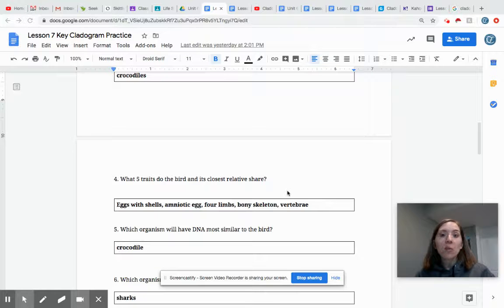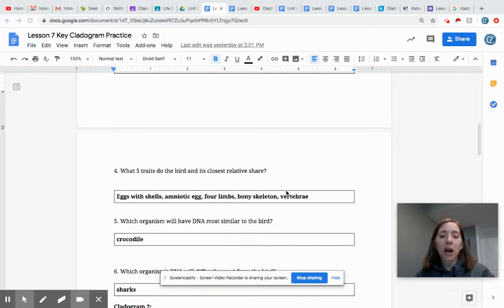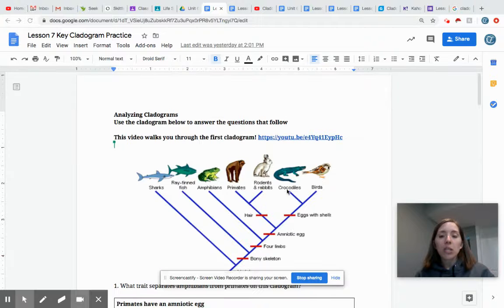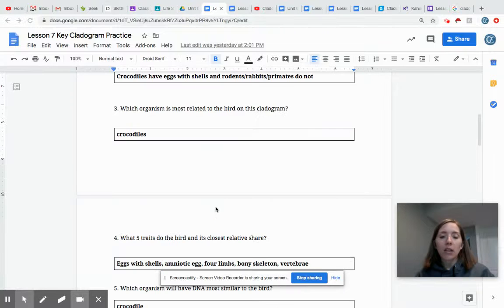Because they're most closely related, if I were to look at the DNA sequences in their cells, they would have a more similar sequence of DNA to each other than to any other 2 organisms on the cladogram. Which organism's DNA will differ the most from the bird? Just like being closer together shows that they're more closely related, being farther apart shows that they're more distantly related. So birds and sharks would have less DNA in common on the cladogram.